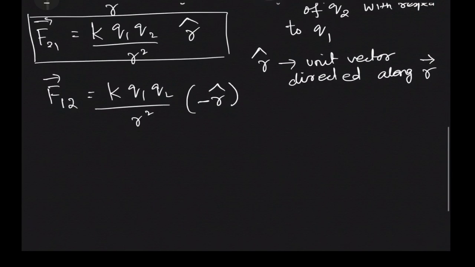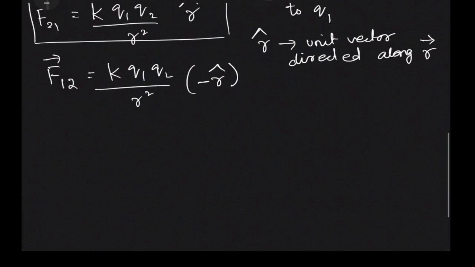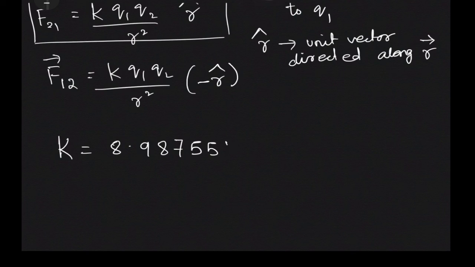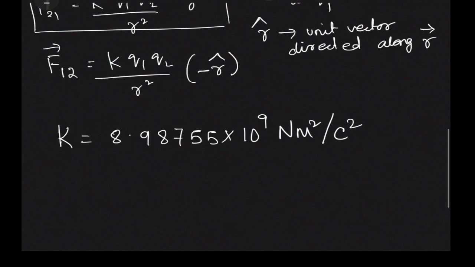Now coming to this constant K, this K can be measured experimentally. Okay, and in SI system the value of this constant K is 8.98755 into 10 to the power of 9 Newton meter square per Coulomb square. Okay, and this constant K is very often written as 1 by 4 pi epsilon naught. Now this is another constant.